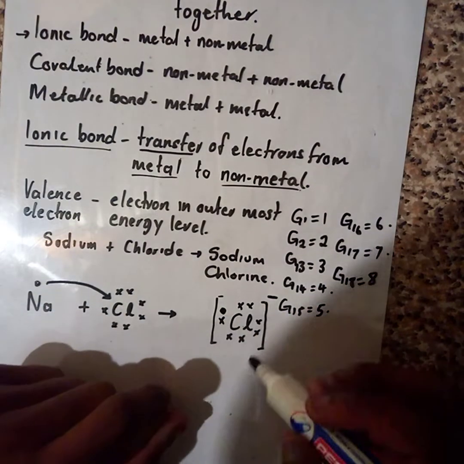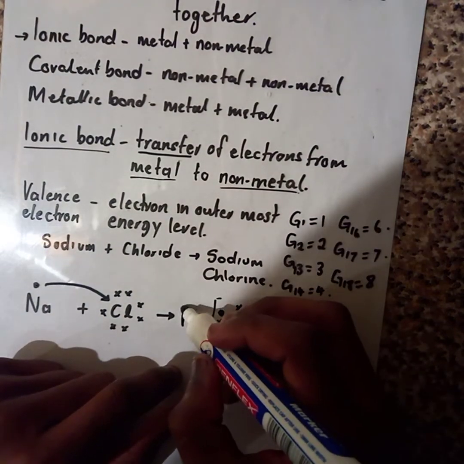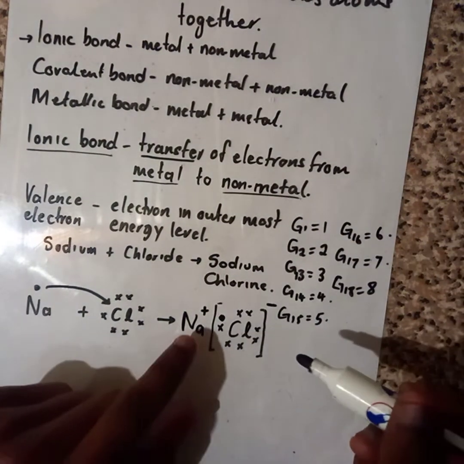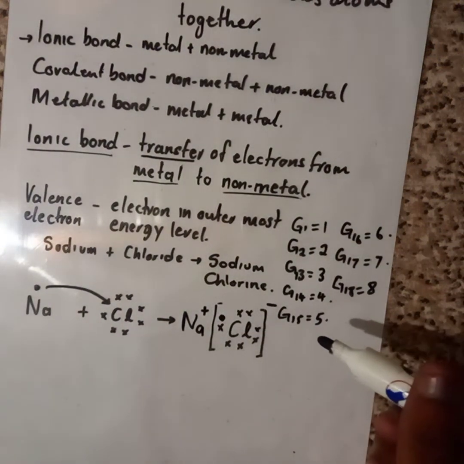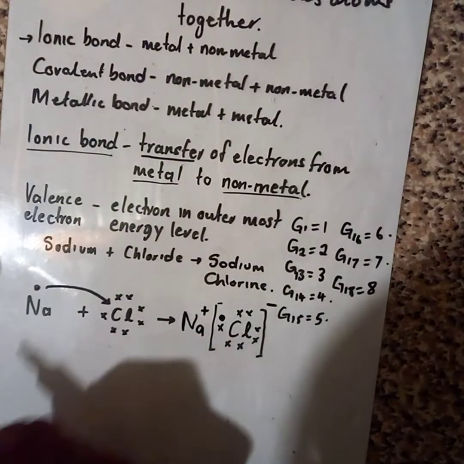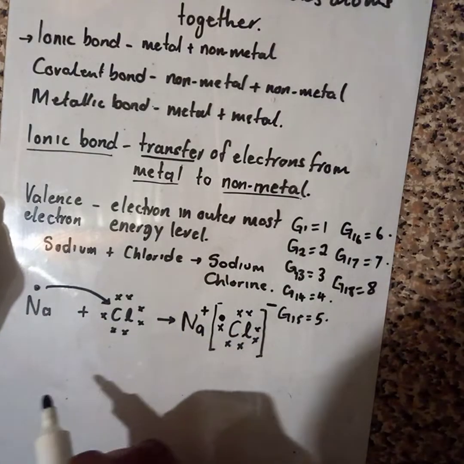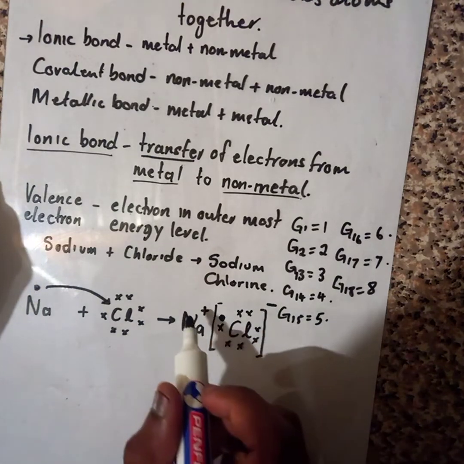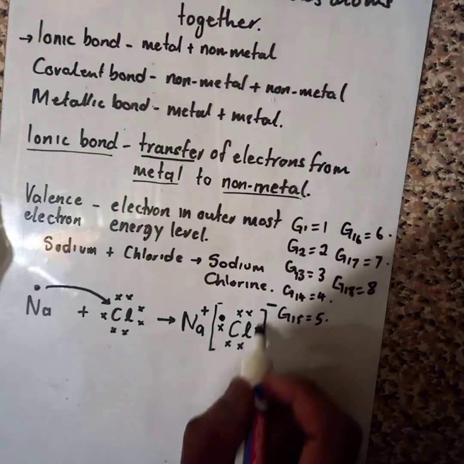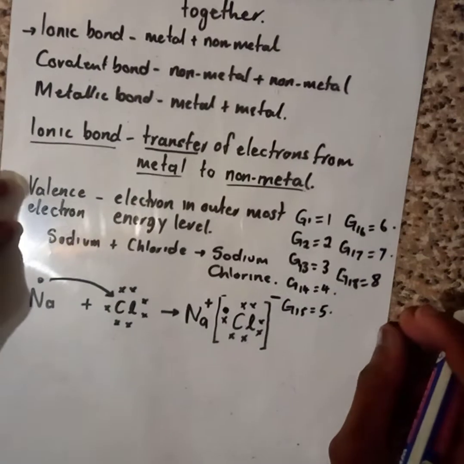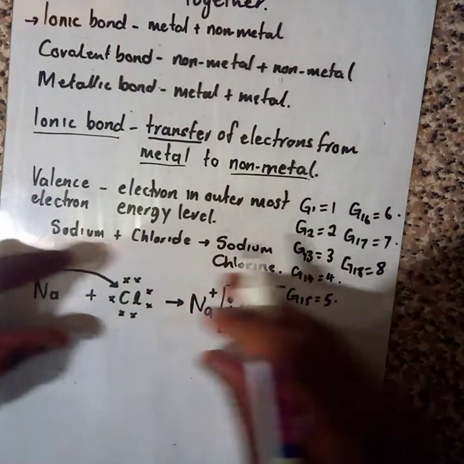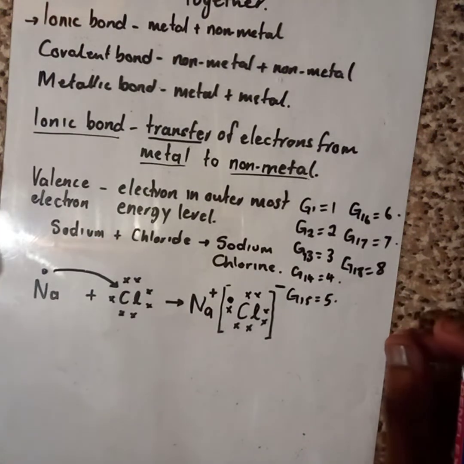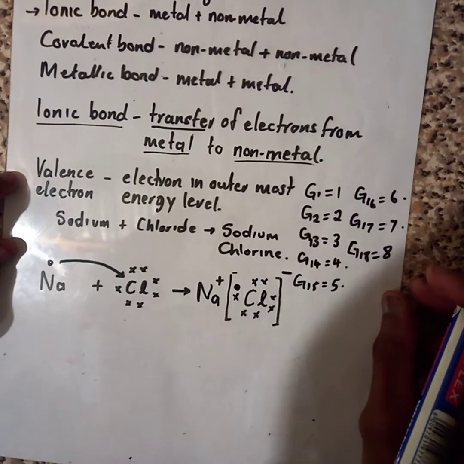You see? Then, as for sodium now, we are going to put a plus sign to indicate that it has lost 1 electron. Then this is going to be our ionic bonding. You see, this is how we write a chemical formula of ionic bonding.